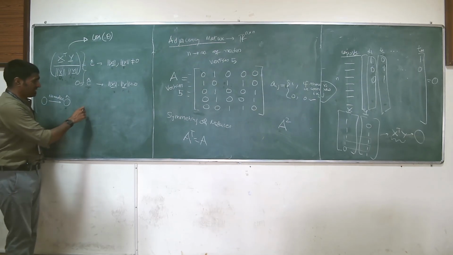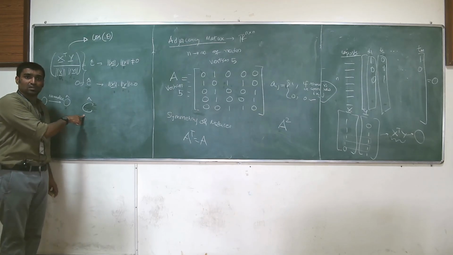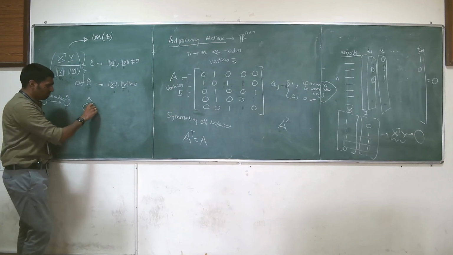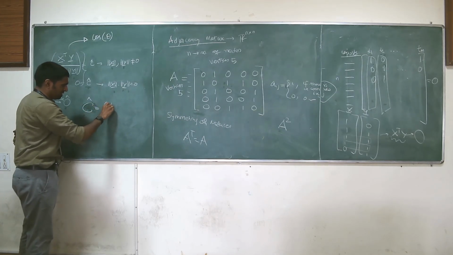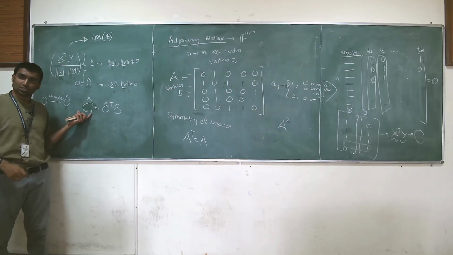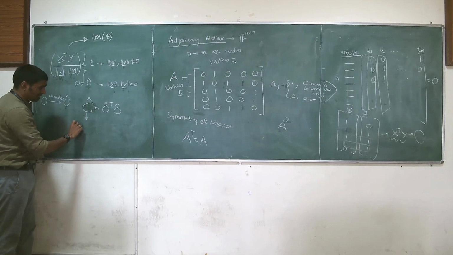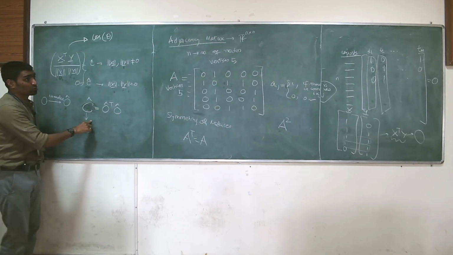Now we can compute this co-occurrence matrix by simply doing this. If you do this, you will get this co-occurrence matrix, which is of size number of tokens times number of tokens.